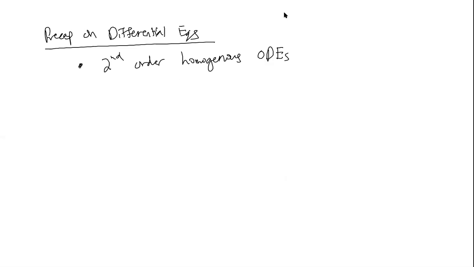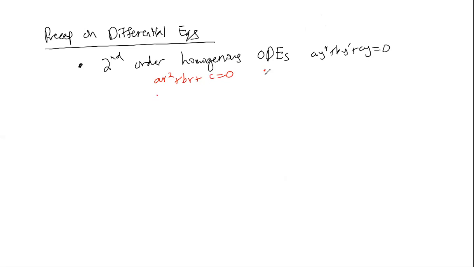And so to solve that, there's 3 cases. That's ay double prime plus by prime plus cy equals 0. And so then you look at ar squared plus br plus c equals 0.